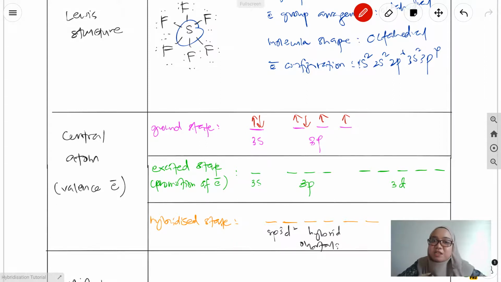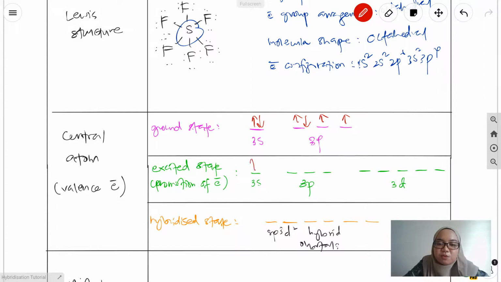We can do that because sulfur can expand its orbitals into 3d orbitals since it is in period 3 in the periodic table. So what we can do, one electron from 3s will go to one empty 3d orbital, and one electron from 3p orbital will be excited to one empty 3d orbital here.